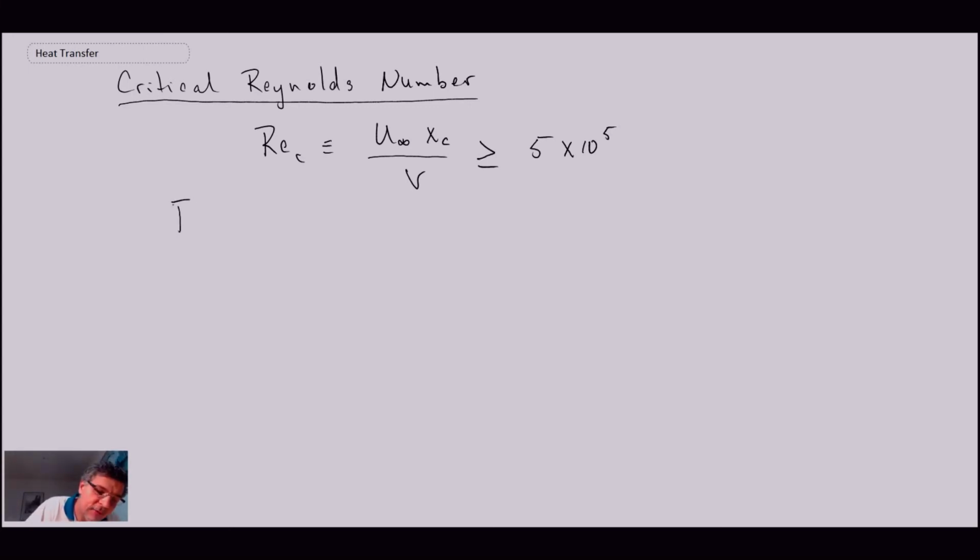And this is the point where, and sometimes you'll see the acronym LBL, which stands for laminar boundary layer, transitions to a TBL, which stands for the turbulent boundary layer. So if you see LBL or TBL, that is what that is referring to.